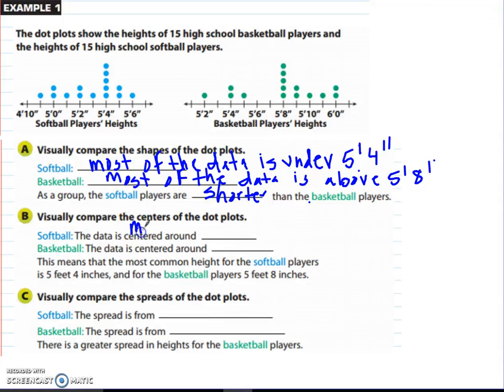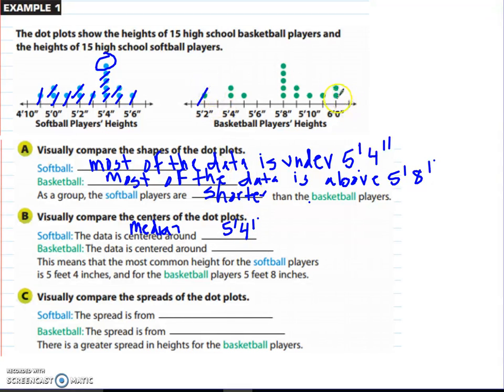Remember, center is another word for median. And to find the middle, you cross off until you get to the middle. So 1, 2, 3, 4, 5, 6, 7. So the median for softball is 5'4".